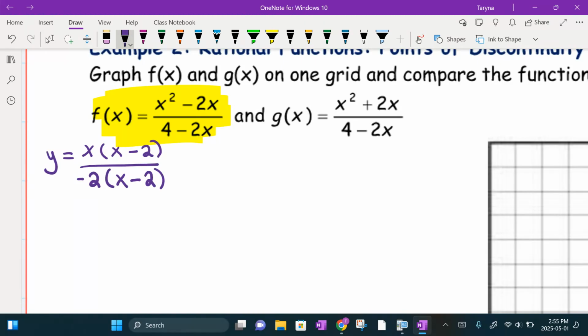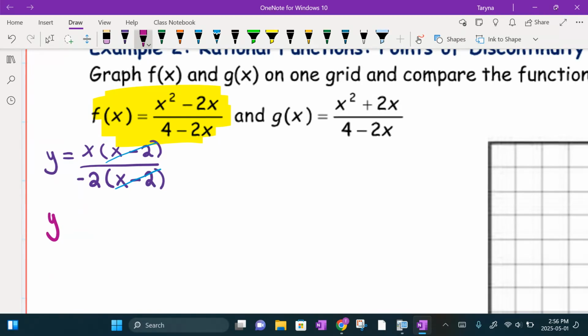So this one does not have a vertical asymptote. It's going to have a point of discontinuity. You can't see that until you factor it. Because if they didn't end up being the same, then you would have had a vertical asymptote. So this one divides out.